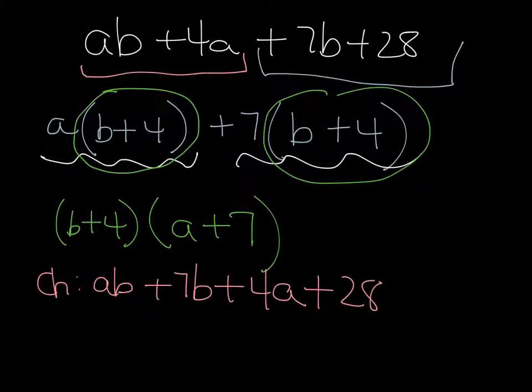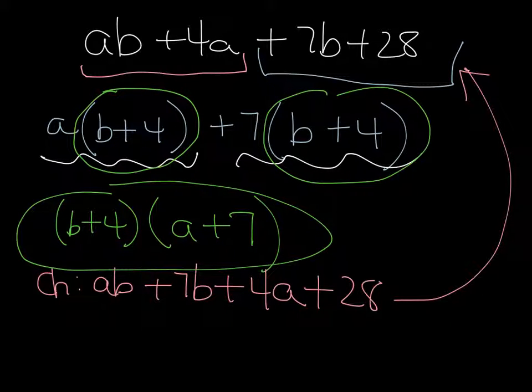If I did this correctly, I should get back exactly what I had in the top problem. You will notice it's not in the same order, and that's okay, because it is the same polynomial. So this polynomial factored by grouping is B plus 4 times A plus 7.